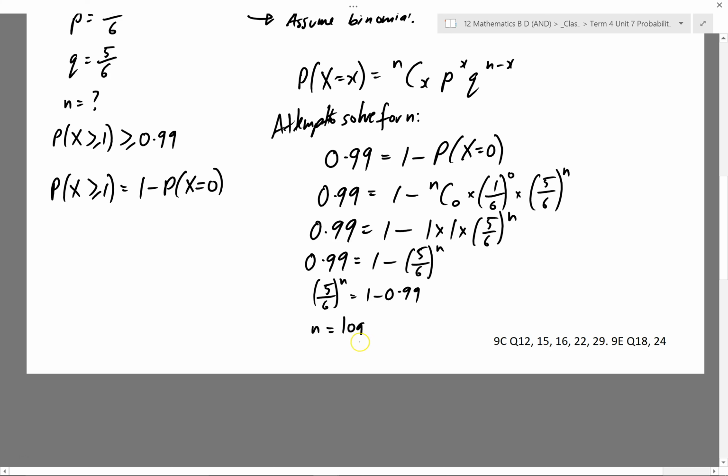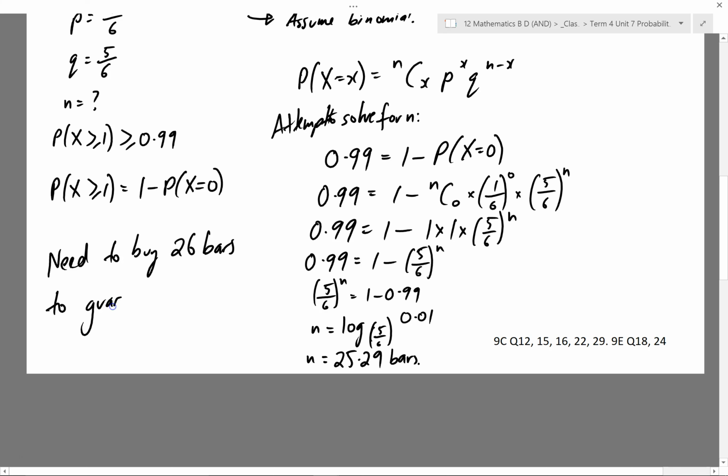I'll get log base 5 on 6 of 0.01. Whatever this works out to be, an n value of 25.29 bars. And so I conclude he should need to buy 26 bars to guarantee a winner, which is a lot of chocolate.